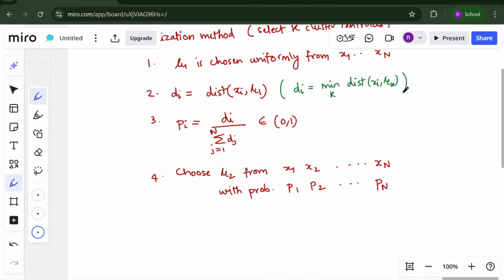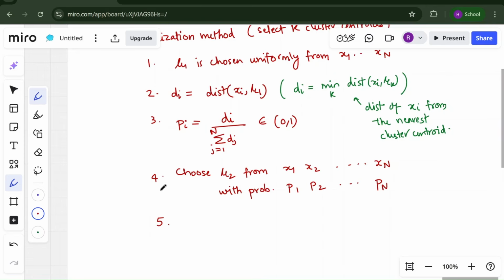Okay, so this can be thought of as the distance of xi from the nearest cluster centroid. Okay, and then what you do, let me write it down as the fifth step.